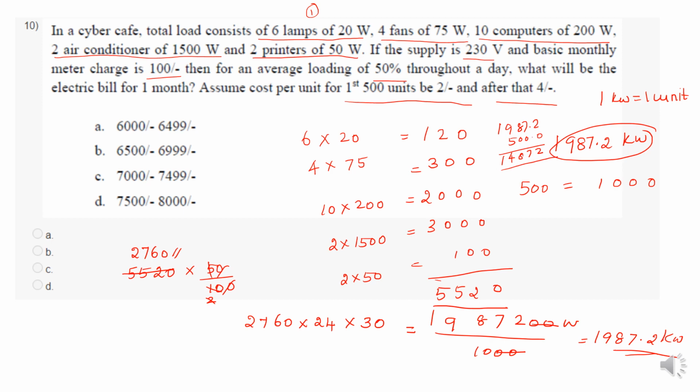Into the rate, which is 4, that is 5948.8. And afterwards you have to add 100 also, that's the minimum meter charge, the basic monthly charge. So the total is 7048.8. Okay, so that is in between 7000 and 7499. So that is the answer.